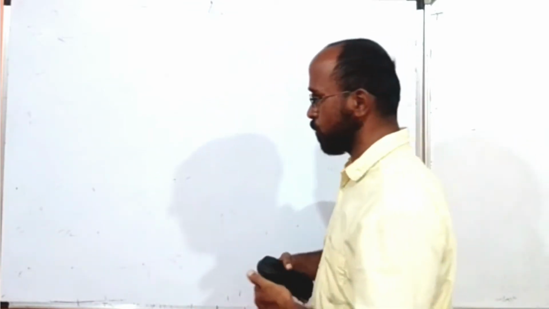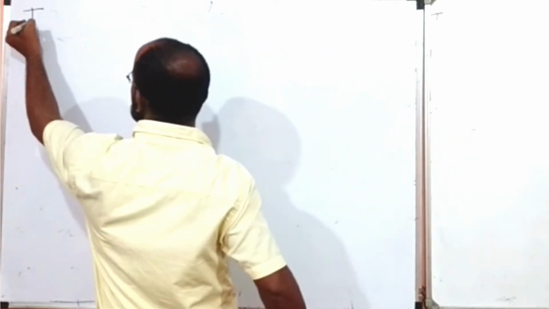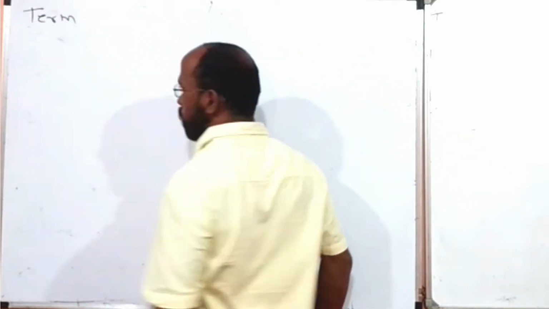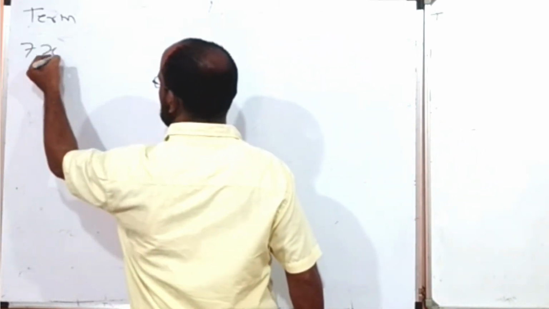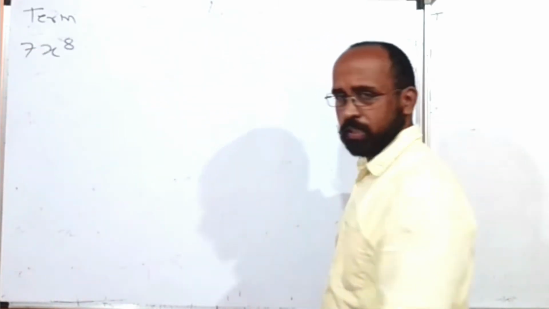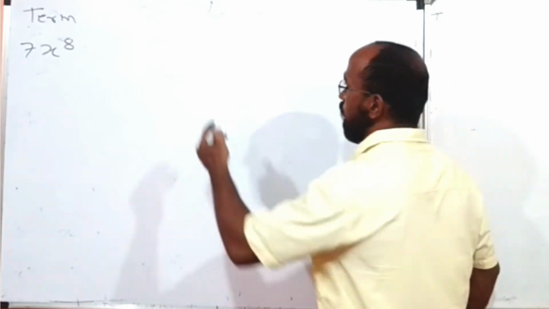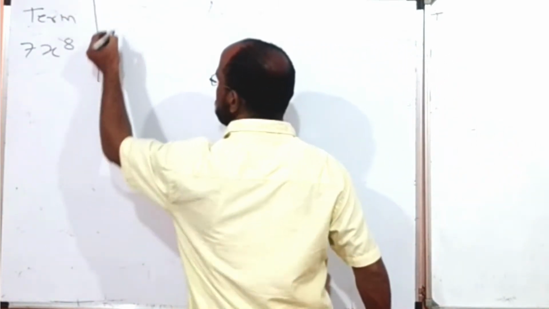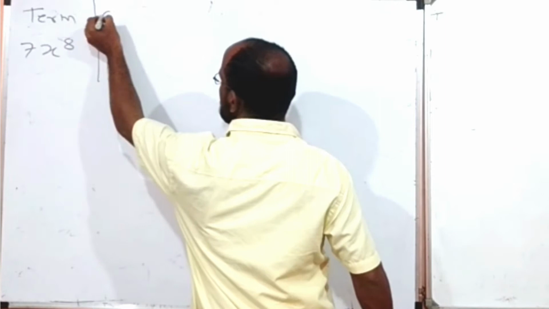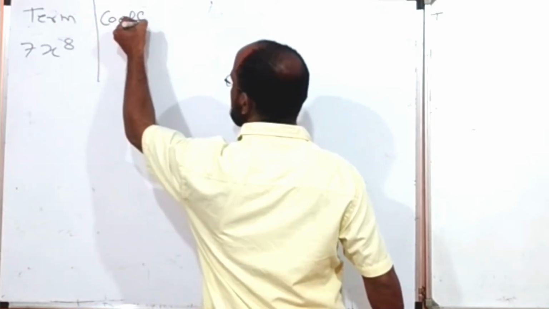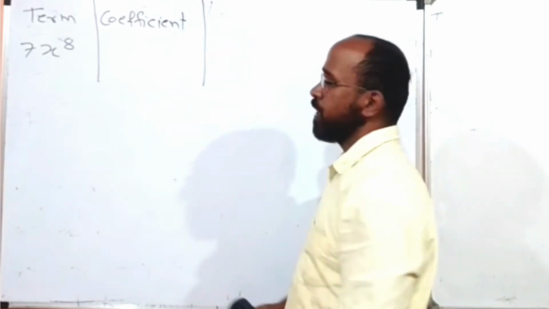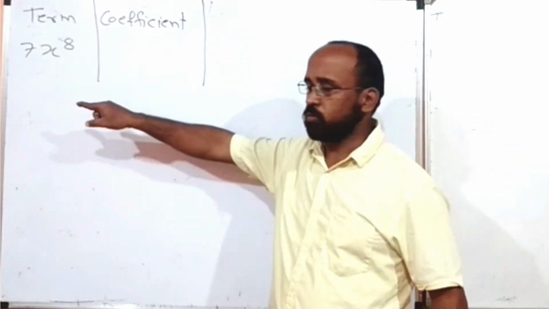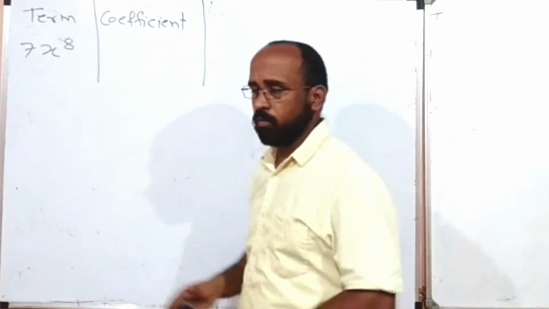What we have to do? Suppose one term is written. Okay, one term is given: 7x raised to 8. What you are expected to write? Identify the coefficient in it. According to the definition we have learned in the last video, the coefficient is 7.